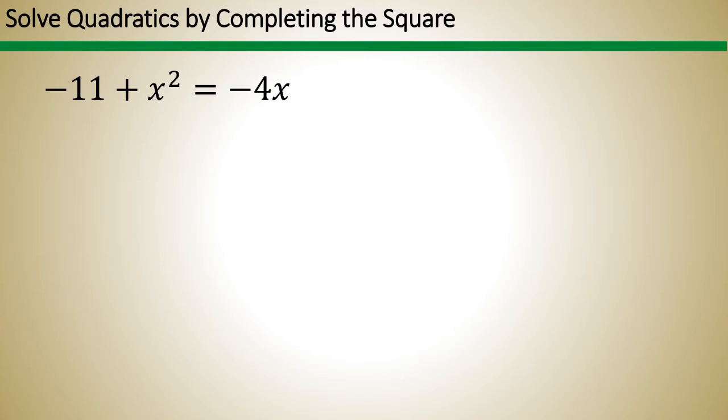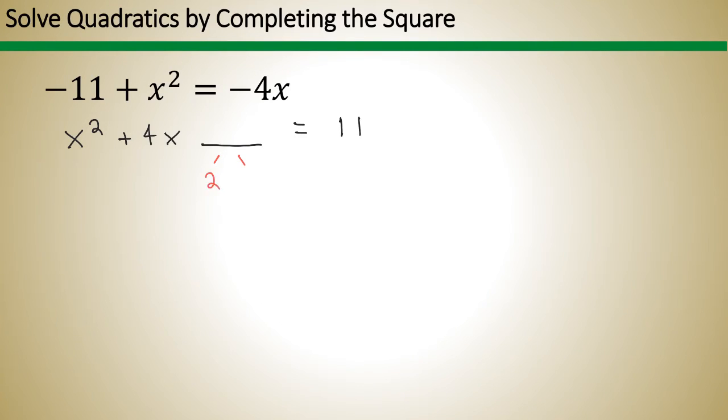Okay, so here's another one. This one I'm going to have to rearrange. So I want all of my x terms on the left. So x squared, in order to move the negative 4x to the left, I'm going to make that a positive 4x. Leave a space, and then that's equal to positive 11 on the right side. So next step, take this 4 and break it in half.